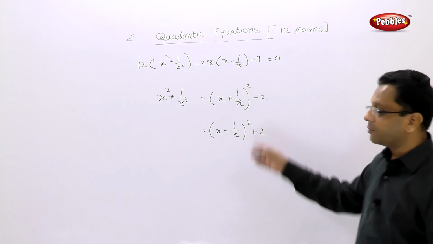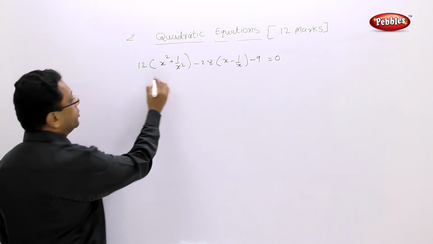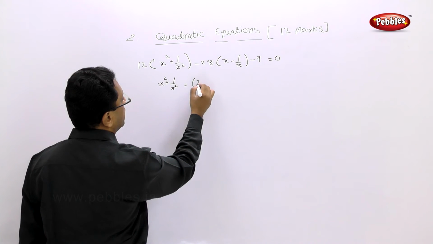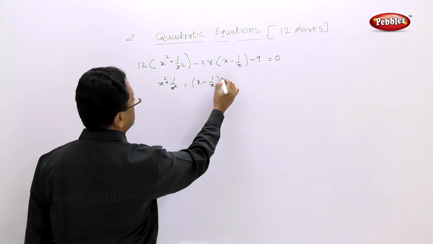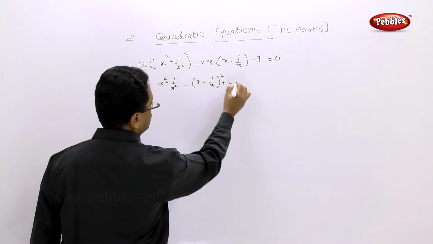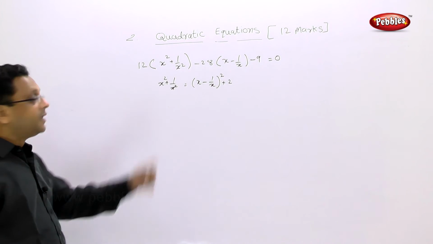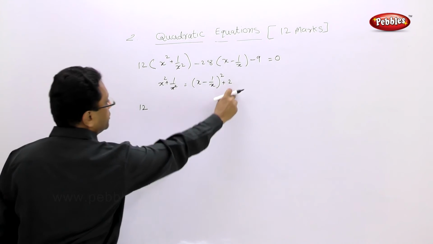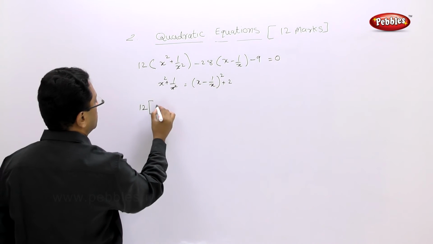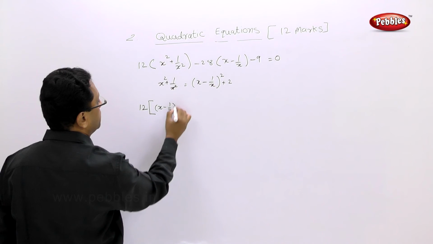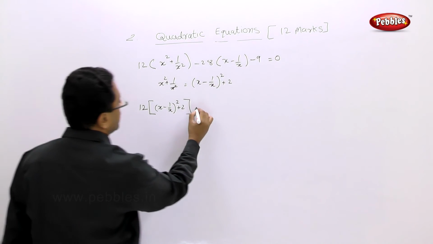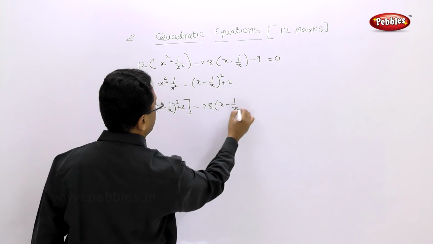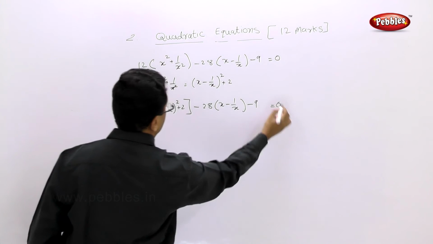Okay, these are important. So we are going to substitute x square plus 1 upon x square is equal to x minus 1 upon x bracket square plus 2. And what will we get? For this 12, I am substituting this. So 12 times x minus 1 upon x bracket square plus 2, minus 28 times x minus 1 upon x, minus 9 is equal to 0.